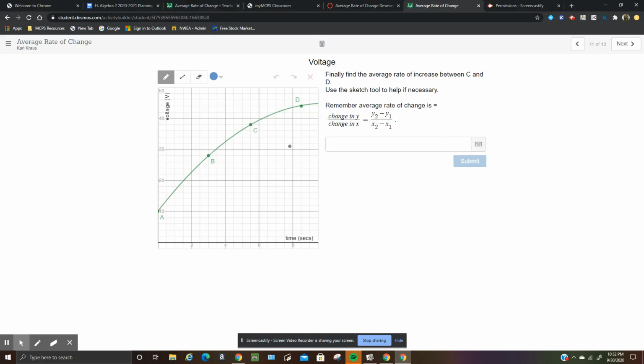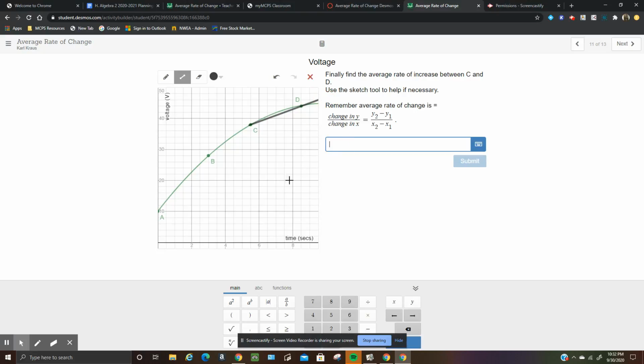And then finally, between C and D, we'll see. C is 5.5 and 38, and D is 8.5 and 44.